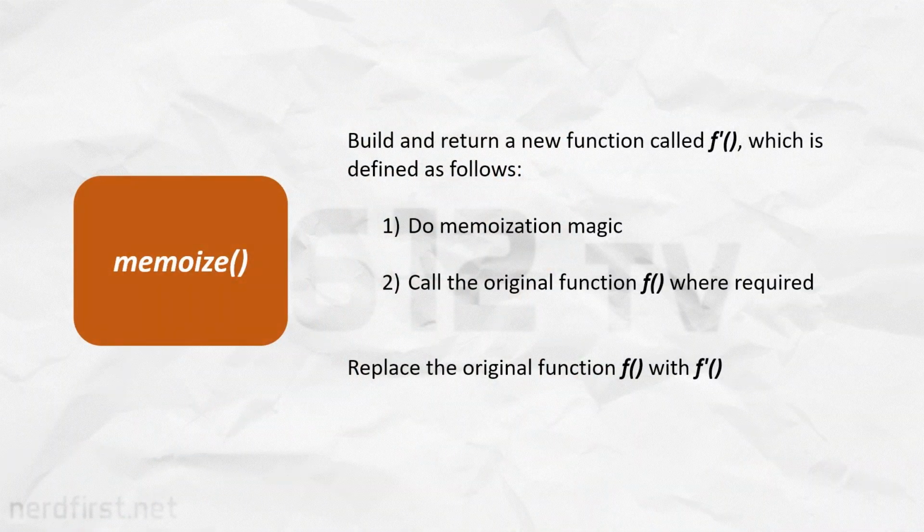But what we can do is build a new function that wraps around your function. Our function doesn't just call your function, it goes through the memoization logic first. If required, it calls your function. This new function is then returned. And what you need to do is to replace your original function with ours, with the augmented logic inside. And that's how we basically add some additional capability to a function that someone else has written.